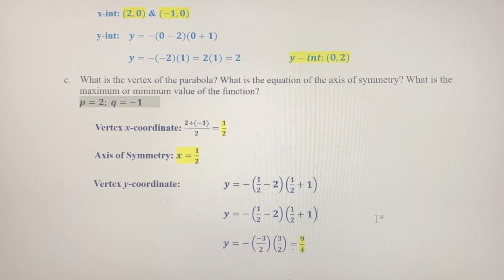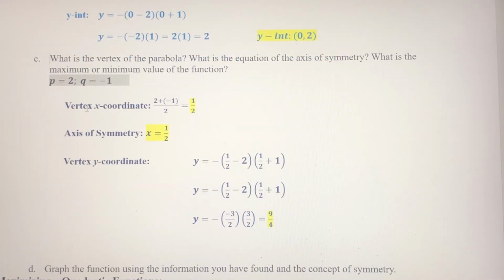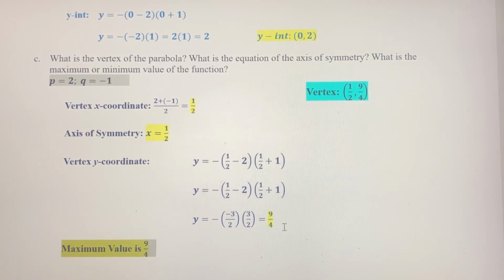So my vertex y-coordinate is going to be 9/4. That gives me the coordinates of my vertex to be (1/2, 9/4). Remember, we've got a maximum value here, the parabola opened downward, so we have a max, and the max is going to be the y-coordinate of the vertex, which is 9/4, and that occurs at x equals 1/2.